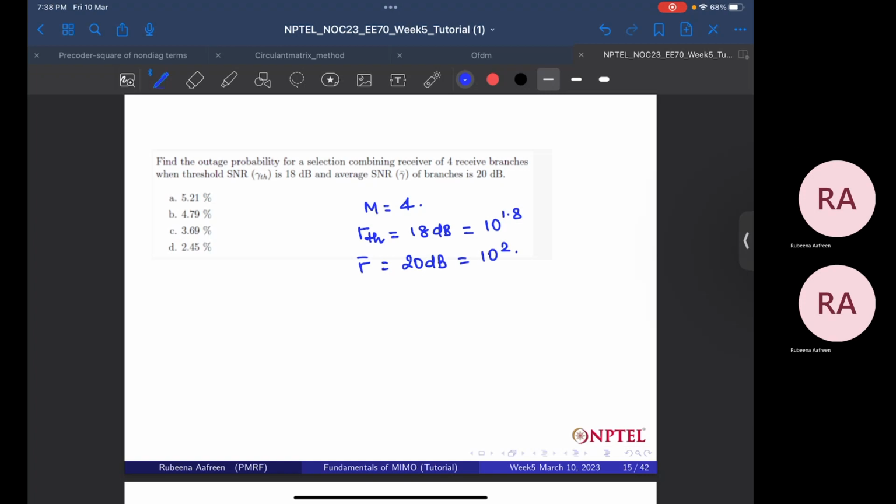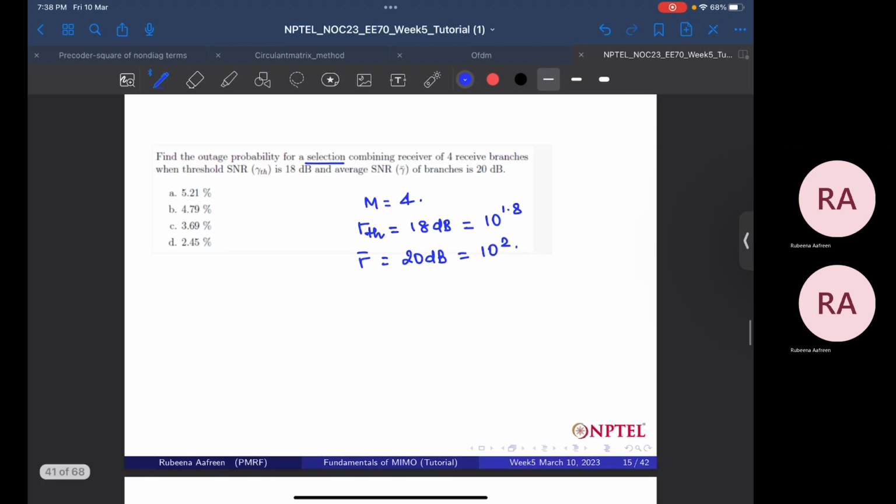Now outage probability is asked for selection combining. What we have discussed in selection combining is that each of the channels should be in outage, right? So the outage probability for one link is 1 minus e to the power minus gamma threshold by gamma bar. And for 4 receive branches, it should be to the power of 4, right?